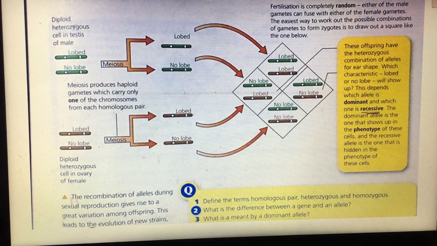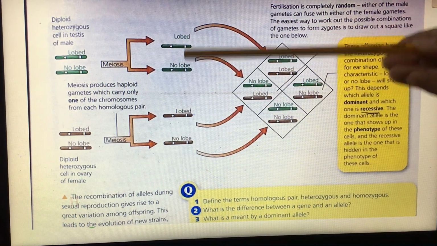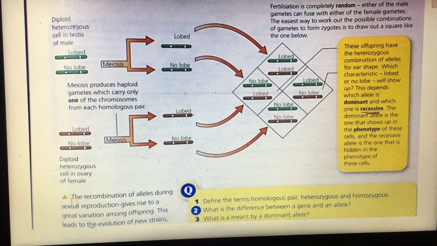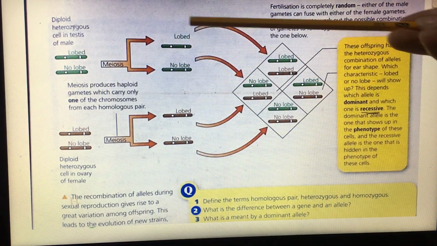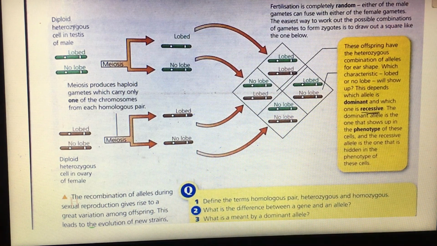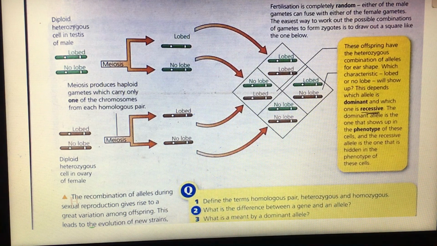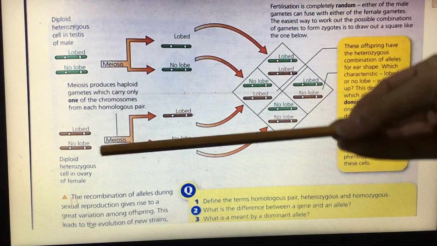And during meiosis, the gametes will contain different alleles. So meiosis divides the cell into 2 different cells. Each cell has a chromosome. The first chromosome has the gene for looped ear shape, and the second cell has the no loop ear shape chromosome. This is for the male. What about the female?